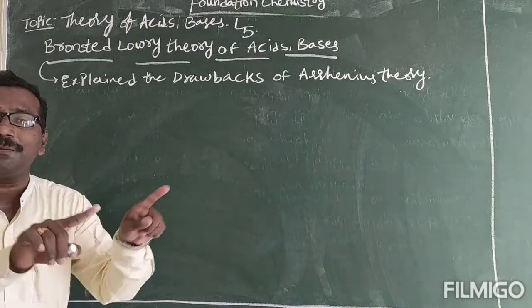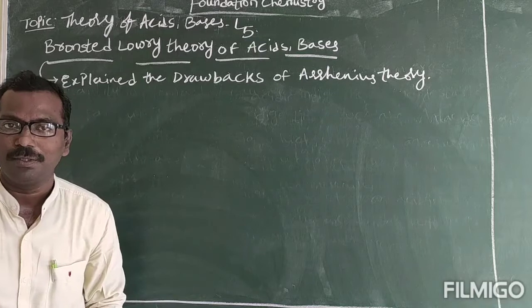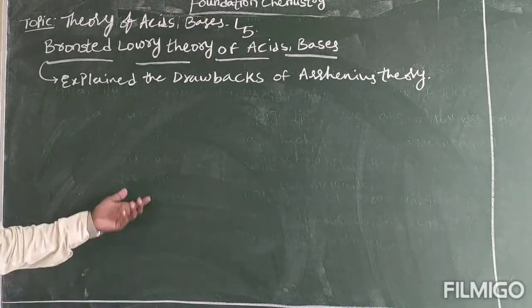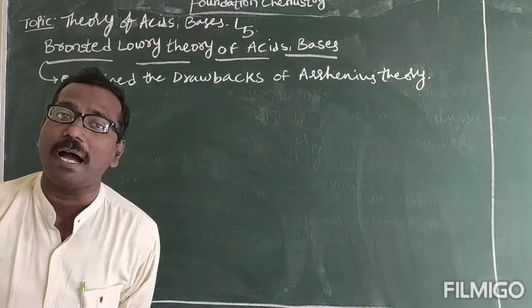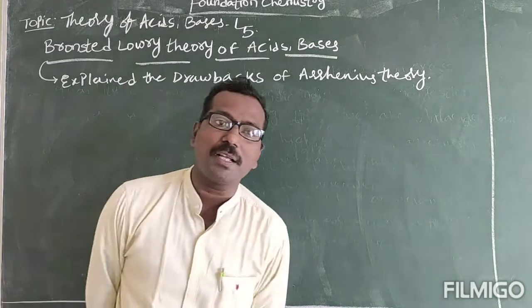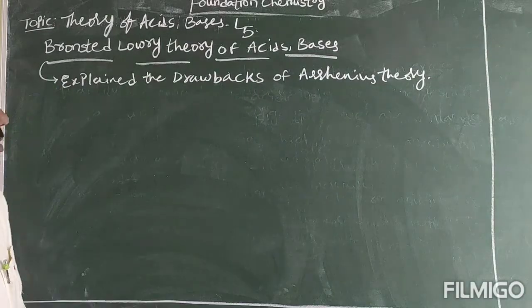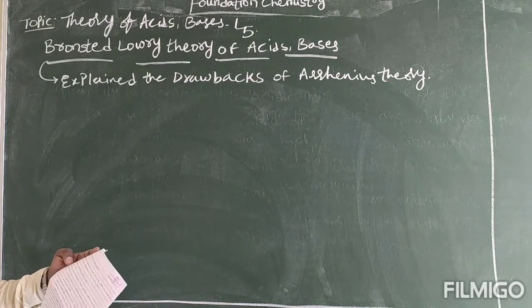And the theory is limited only to aqueous solutions. That is the major problem. He could not explain the acidic and basic nature of substances which do not have H3O+ ions, OH- ions, or H+ ions. Those are successfully explained by the Bronsted-Lowry theory of acids and bases.